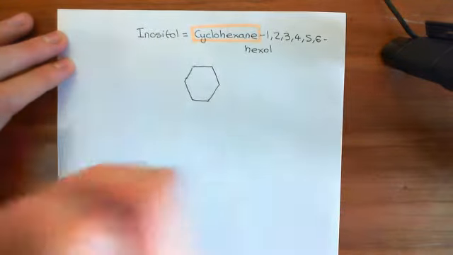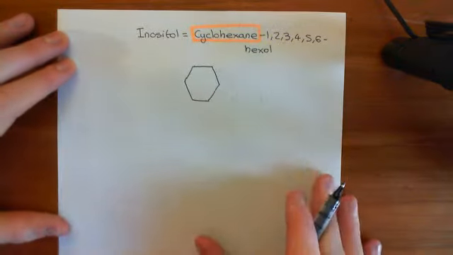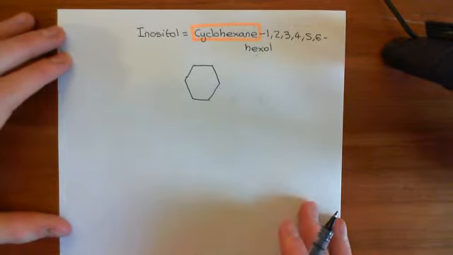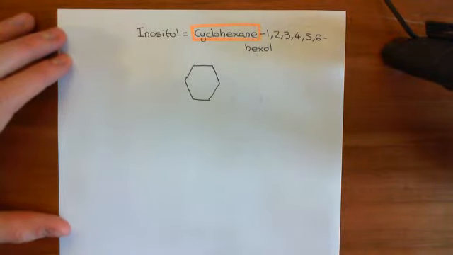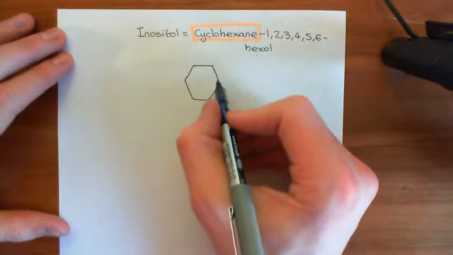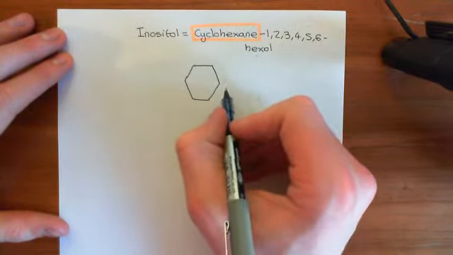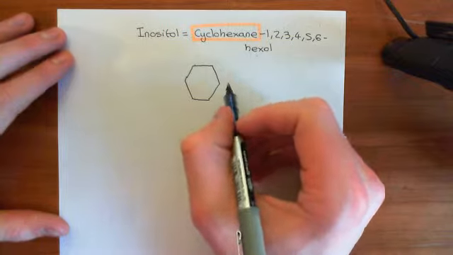We're drawing a skeletal structure here. Remember, in skeletal structures, you don't show carbon atoms. They're implicitly shown by corners. You also don't show hydrogen atoms coming off carbon atoms. They are implicitly shown by where you have missing bonds coming off carbon atoms.